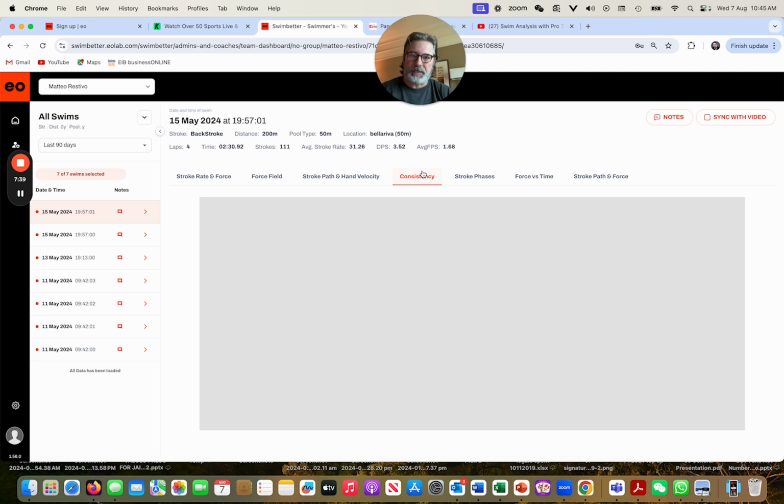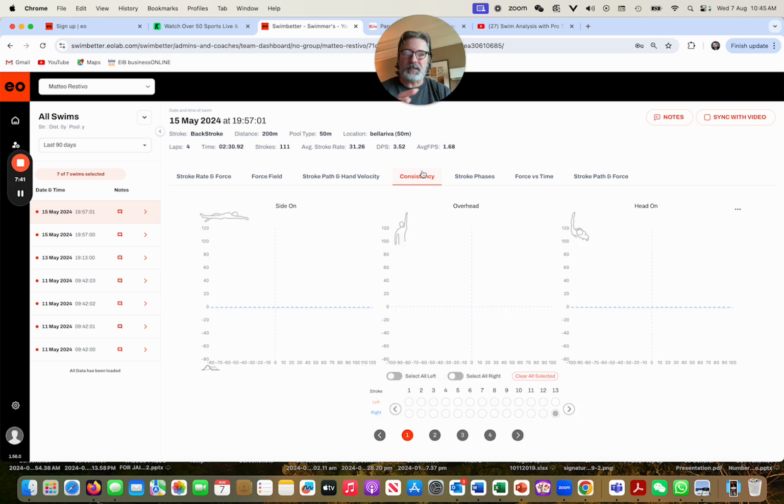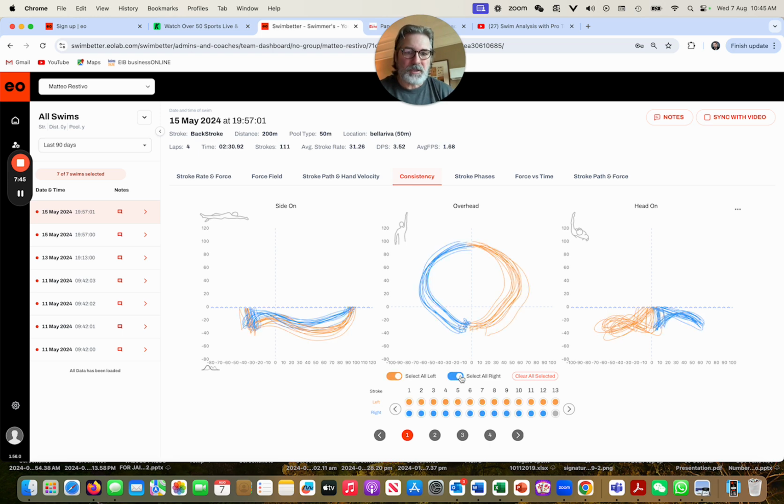So that's why I like to look at consistency, because it gives me a good feel for all of those strokes in the lap. When I turn them both on, you can see he is very consistent within each hand, but obviously the thing that stands out here is the differential between his right and his left on the side-on view. You can see he's got this real dip on the left, but his right has got less.